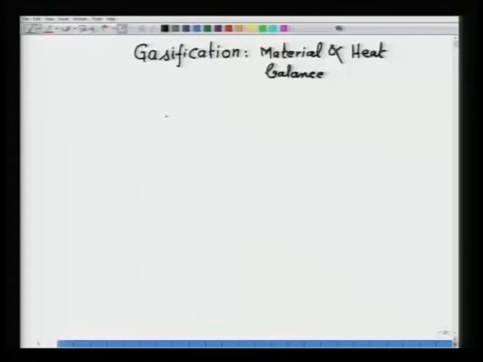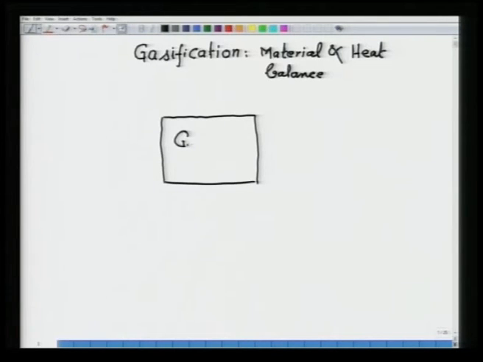So, first of all, let us consider a simple gasification process. If we consider this is a gasifier, and here say we are supplying coal, the composition is given: carbon, hydrogen, oxygen, nitrogen, it may have H2O, ash, this is what is given.